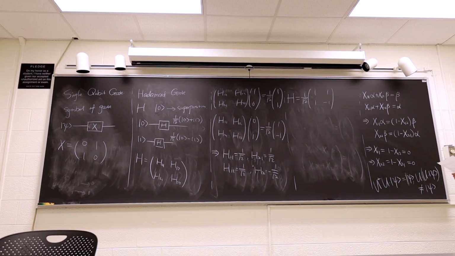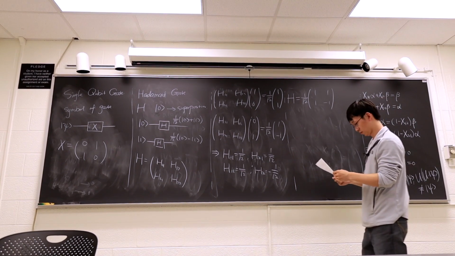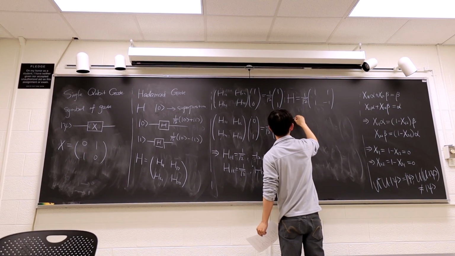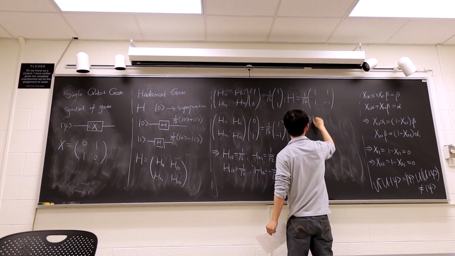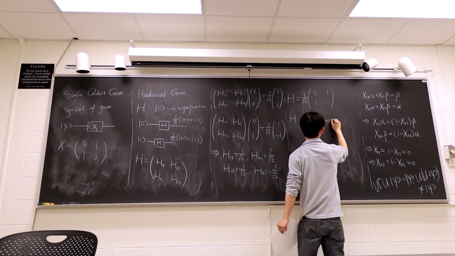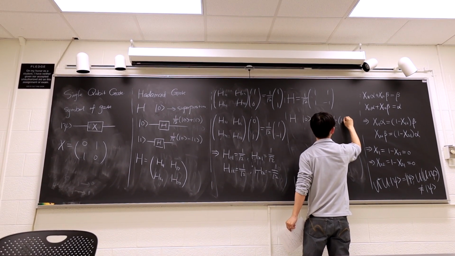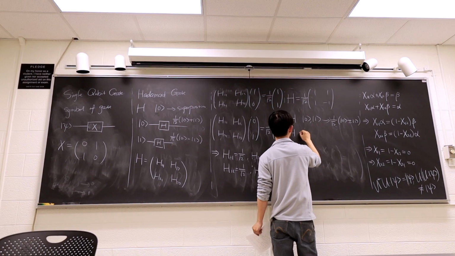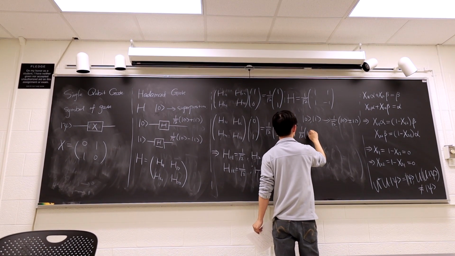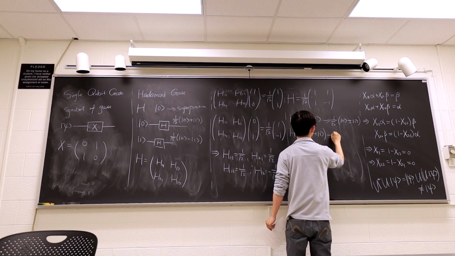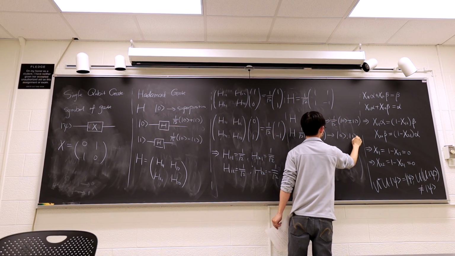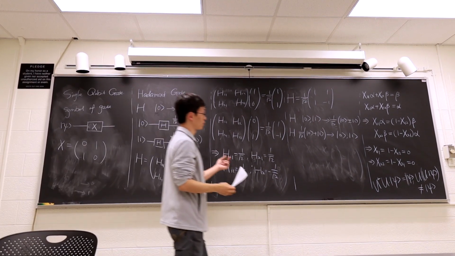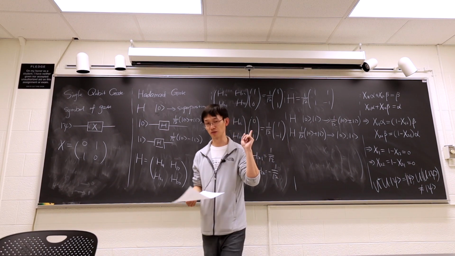You can also check that what the H gate does is it puts 0 and 1 into superposition states. You can also check that the H gate turns your superposition states back to 0 and 1 states. So now think about this. This is quite useful.